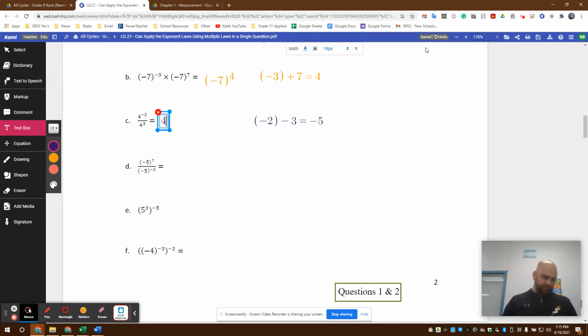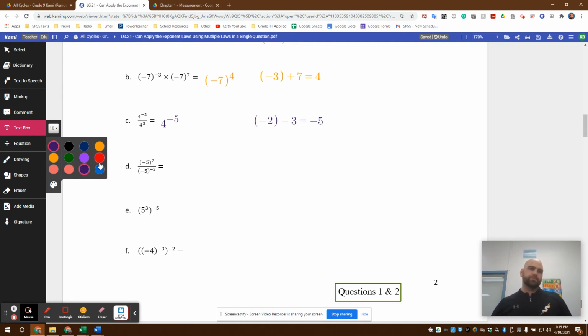And so this will give us 4 to the power of negative 5. Again, if you want to put the negative 5 in the brackets, you can. I usually won't, but make sure that we at least know that it's an exponent, not just 4 minus 5, because it can look like that as well. So again, if we have a negative in front and we're subtracting, we still subtract, we go down. Whatever one's on top, that goes first. Whatever one's to the left, that one goes first.